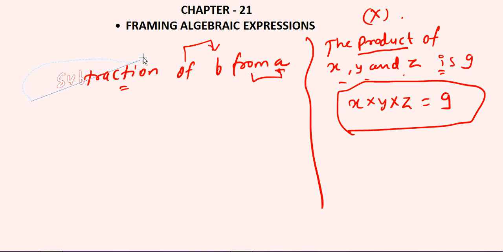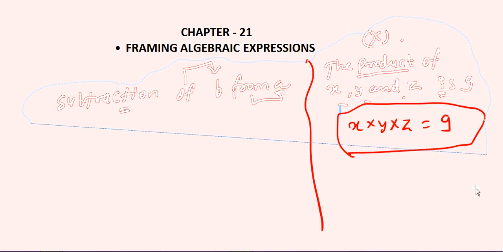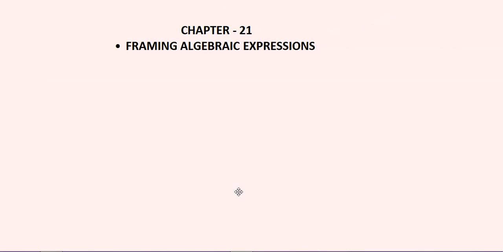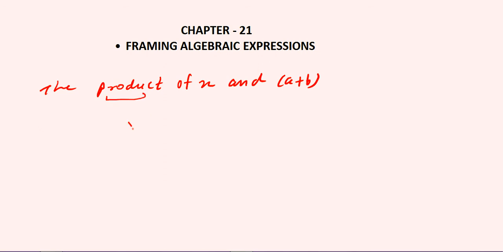And one more question: the product of x and a plus b. Now in this particular example, product means what? Multiplication, and the values are x and a plus b.